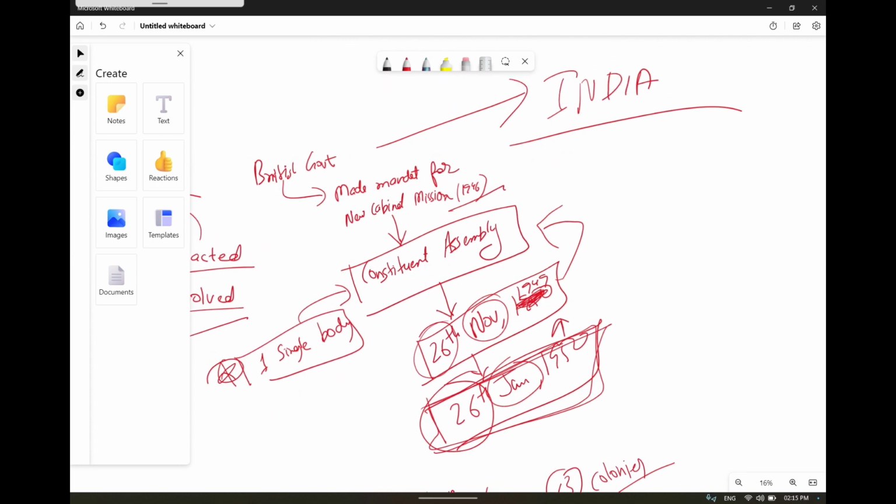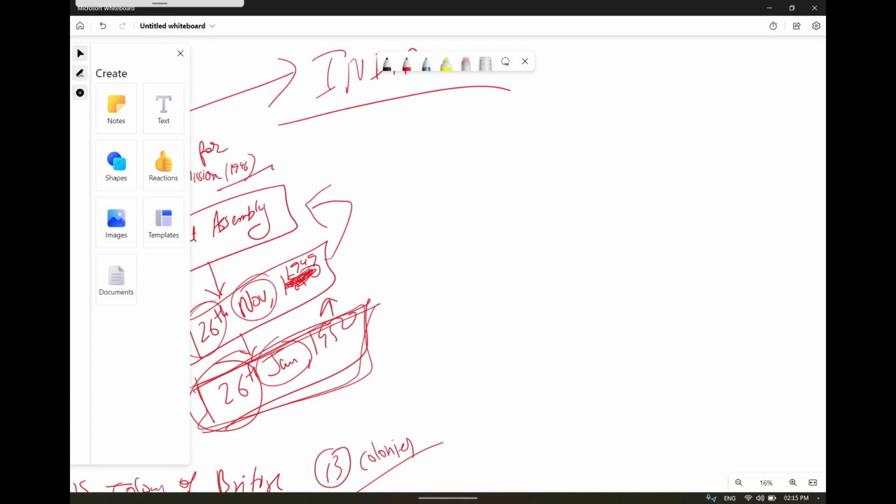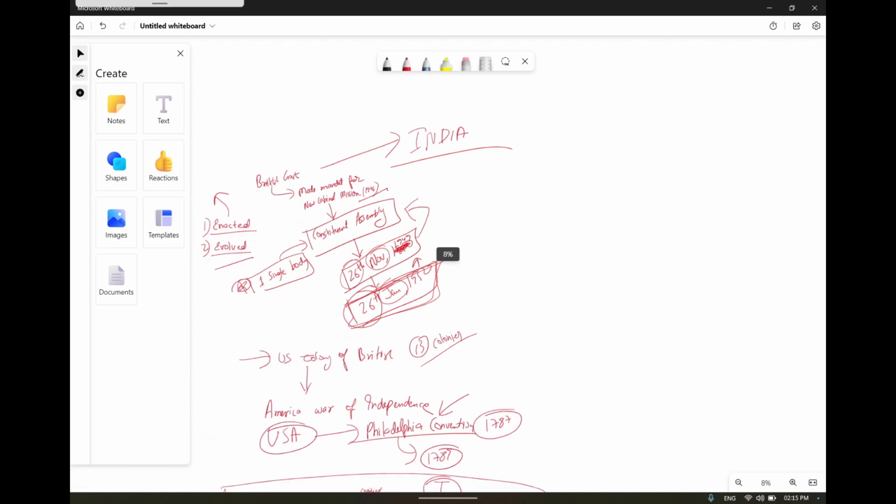The best example is the England constitution. In 1215 the Magna Carta was there: no free man shall be imprisoned, and church will be separated from politics. Over a period of time, many developments took place. Bill of Rights came, human rights came. So they evolved over a period of time.